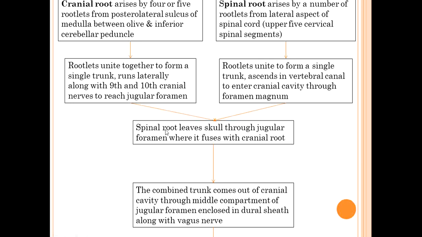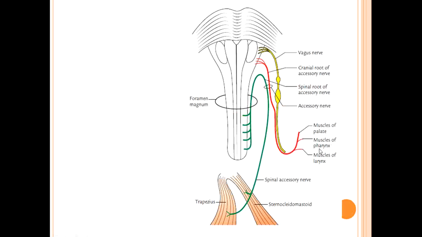Now here, the spinal root leaves skull through the jugular foramen, where it fuses with the cranial root. So the combined trunk comes out of cranial cavity through the middle compartment of the jugular foramen, enclosed in the dural sheath along with vagus nerve. You can see here, these are the fibers of the spinal root which are entering via the foramen magnum.